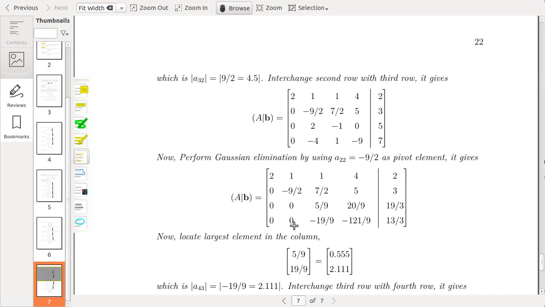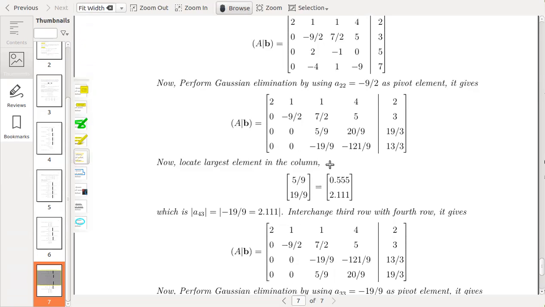So then we will come to the third column, and in the third column this minus 5 by 9 is the diagonal entry, and minus 19 by 9 is the next entry, but we will evaluate which is the bigger one. So minus 19 over 9 is the bigger one, so that's why we will interchange this third row with the fourth row.